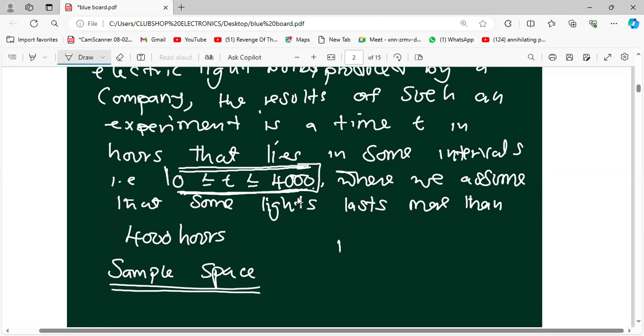Now, head head, head tail, tail tail, tail head. When you consider all these four possible outcomes, these represent what we are calling sample space.